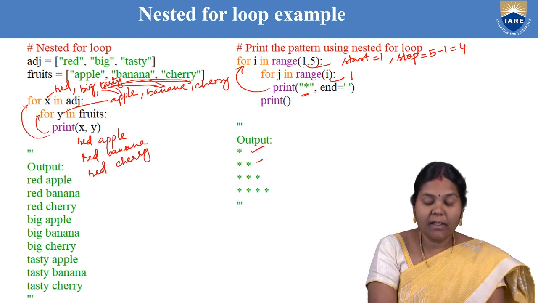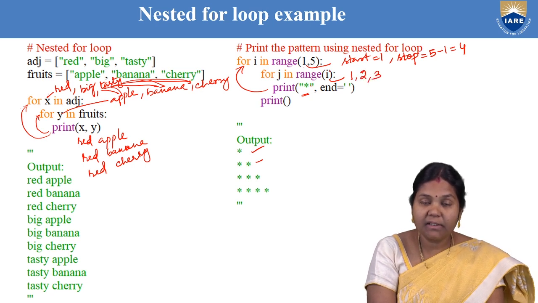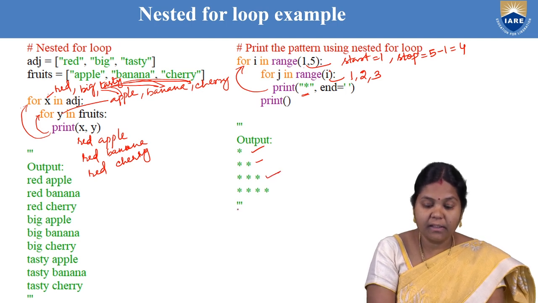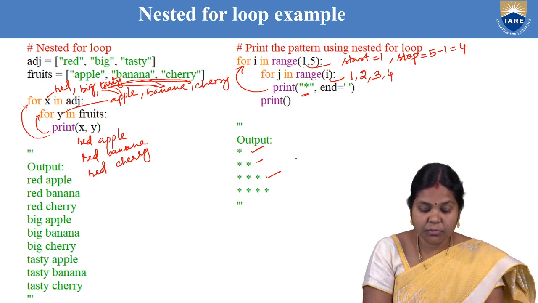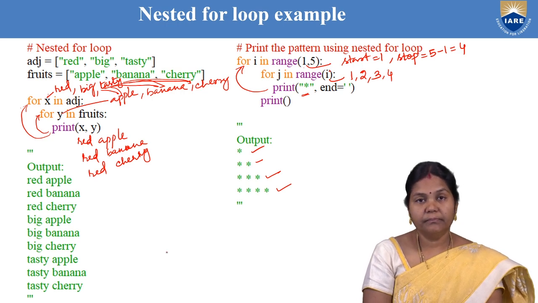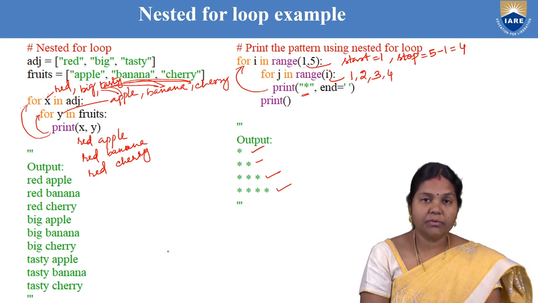Then the third time i becomes 3, so the inner loop is running 3 times, and 3 stars are displayed. Like that, the fourth time, when i increments to 4, the inner loop also runs 4 times, so it displays 4 stars. So this is the way the patterns are displayed using the for loop.